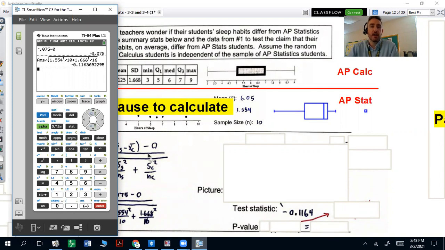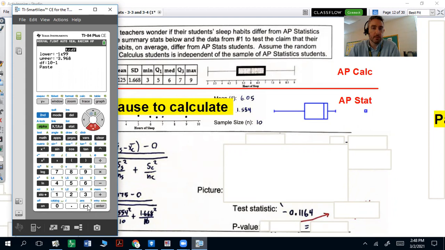So let's calculate our p-value. That's going to be second vars, tcdf. And because we have a negative number again, we're going to leave our lower as negative 1E99.